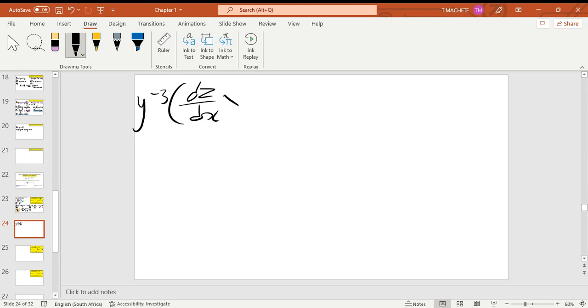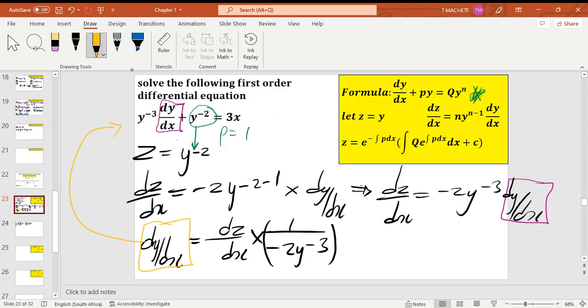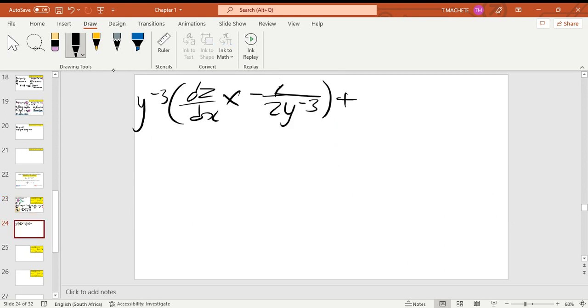Then it was multiplied by minus 1 over 2 y to the power minus 3. Then you say plus. You see there, we said y to the power minus 2 equals z. So instead of writing y to the power minus 2, you can write z. You can substitute the z there.